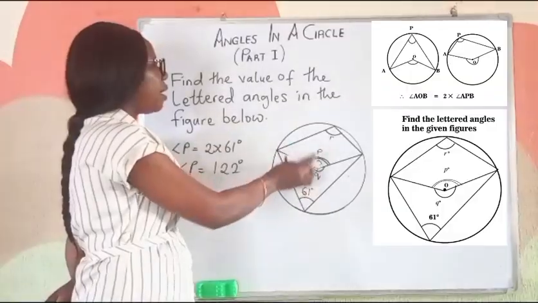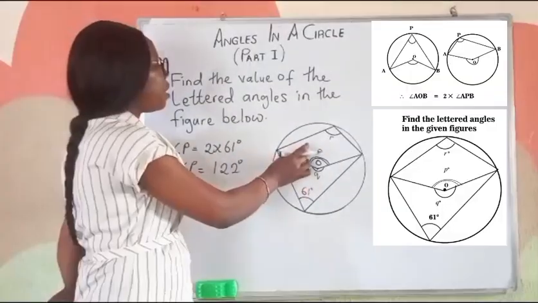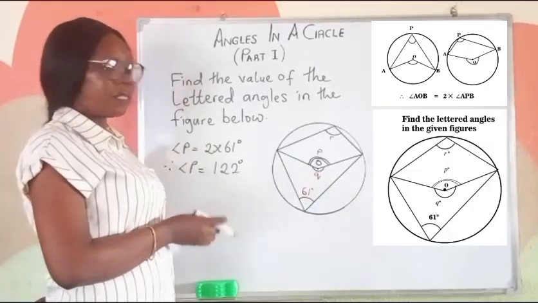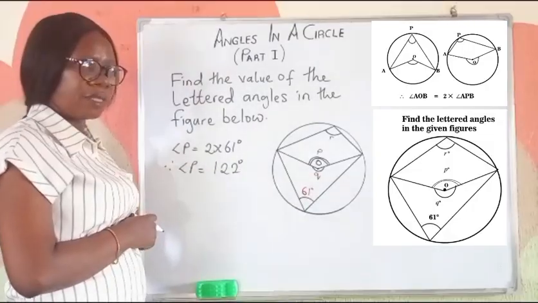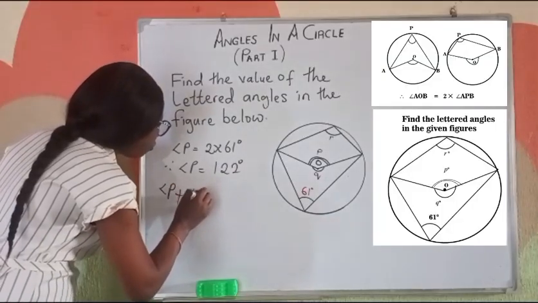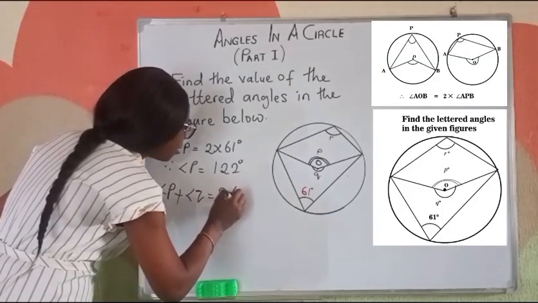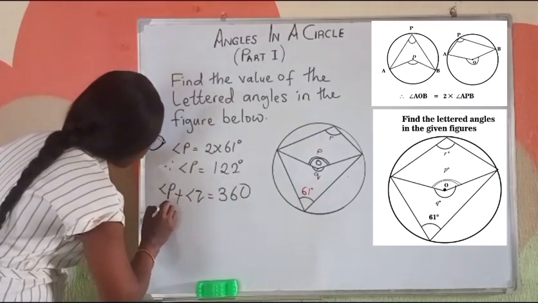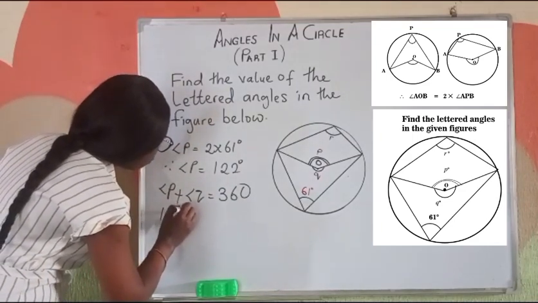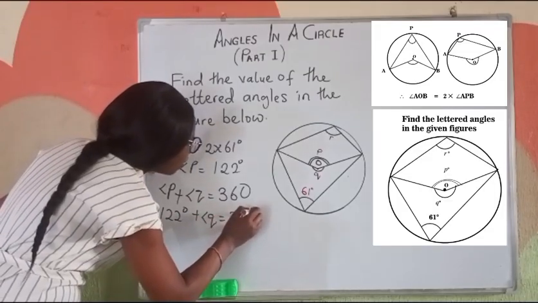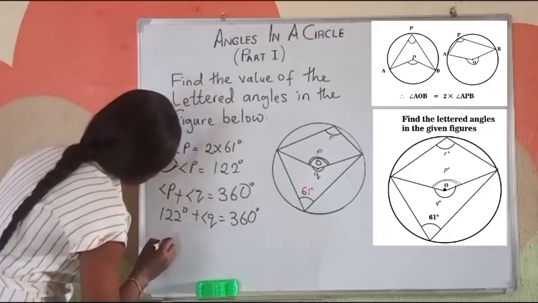Then how can we find angle Q? Angle P and Q are angles at a point, and sum of the angles at a point is equal to 360 degrees. Therefore, P plus angle Q is equal to 360 degrees. Angle P is already 122. 122 degrees plus angle Q is equal to 360 degrees.